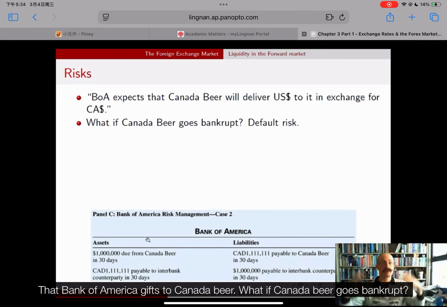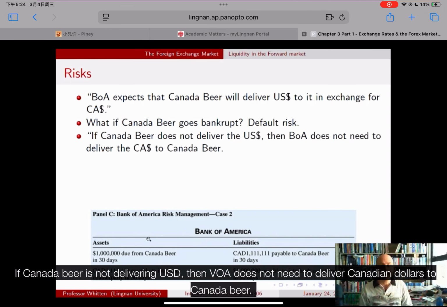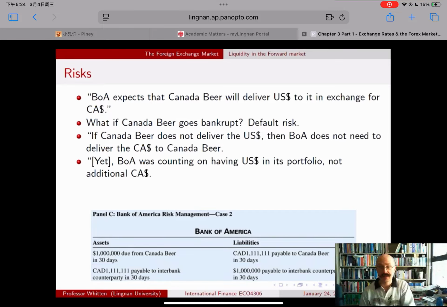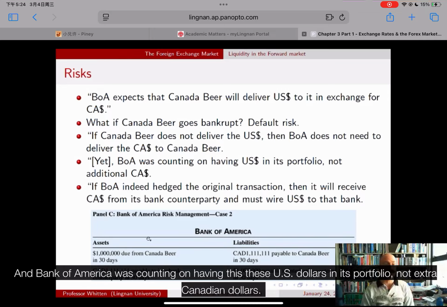What if Canada Beer goes bankrupt? That's a default risk from the perspective of BOA. If Canada Beer is not delivering USD, then BOA does not need to deliver Canadian dollars to Canada Beer. And Bank of America was counting on having these US dollars in its portfolio, not extra Canadian dollars.